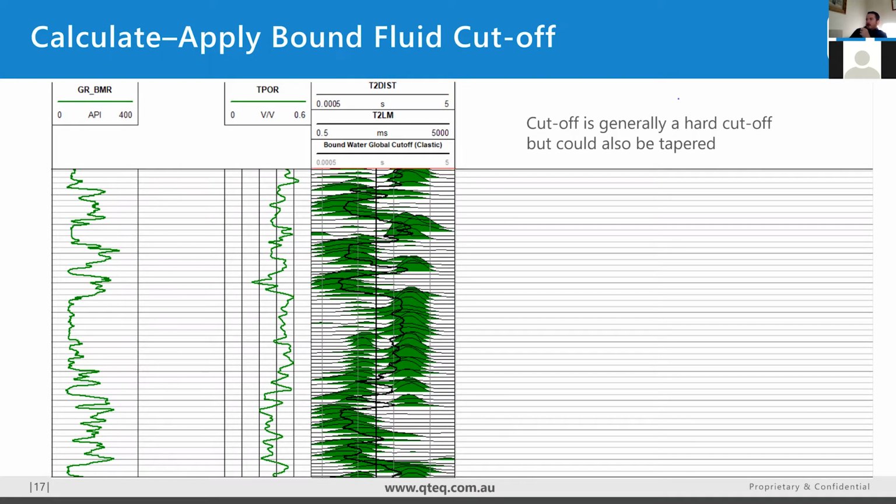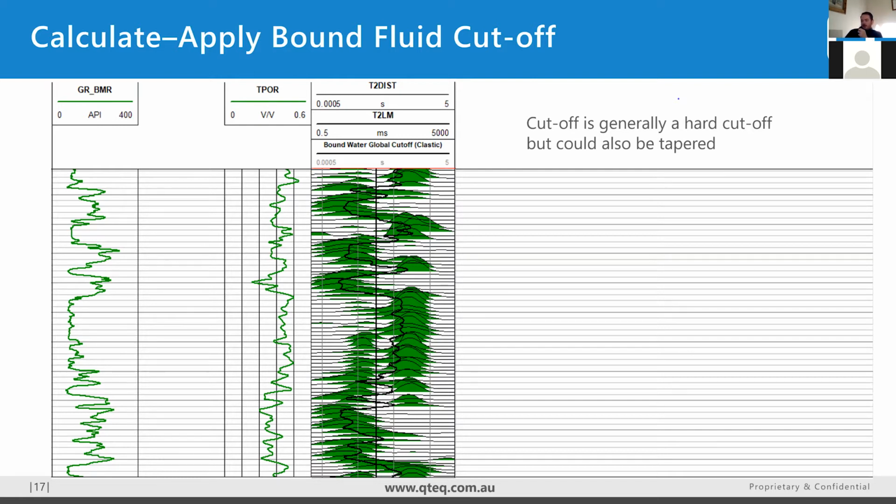The first thing that we're going to start looking at is defining what is bound fluid and what is free water or movable water, or if you want to think about it as specific retention and specific yield. A lot of the values that we can use typically come from literature and are global averages.